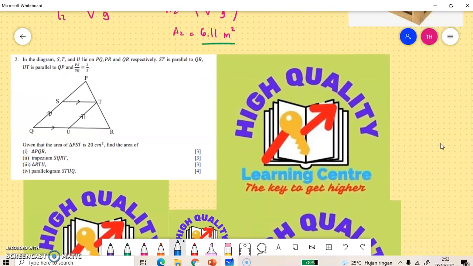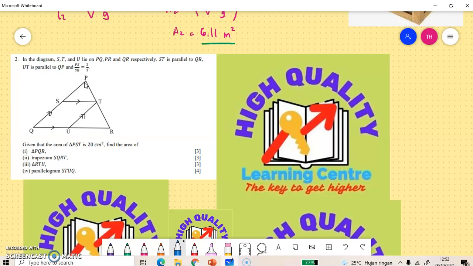Next, number two. In this diagram, we get ST is parallel to QR, and UT is parallel to QP. The ratio PS to SQ is 2 to 3.